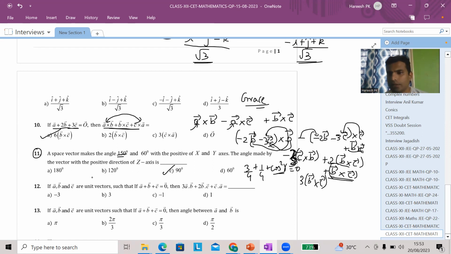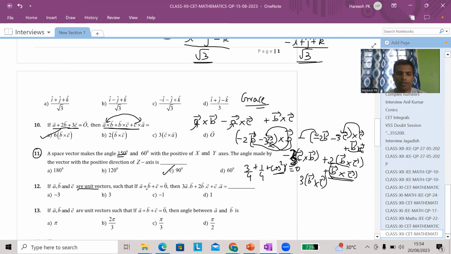The 12th one is a really very good question, and there's a very easy method to solve this. Whenever they say A, B, C are unit vectors, that means all of them have equal magnitude.